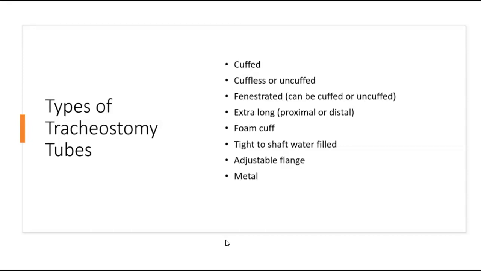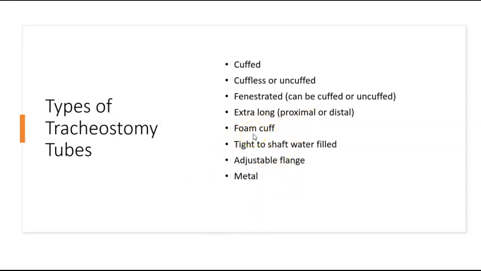You can have an extra long, and that extra long length could be proximal, meaning the length between where it enters into the trachea and where the curve starts, or it can be extra long distal, meaning the part on the bottom that sticks into the trachea is longer. It can be long in both places or just one of those places.